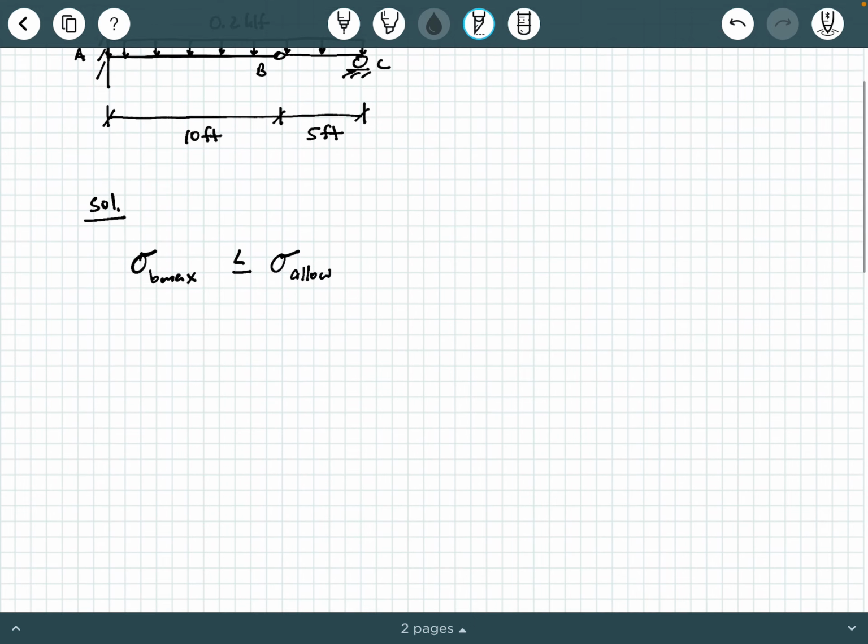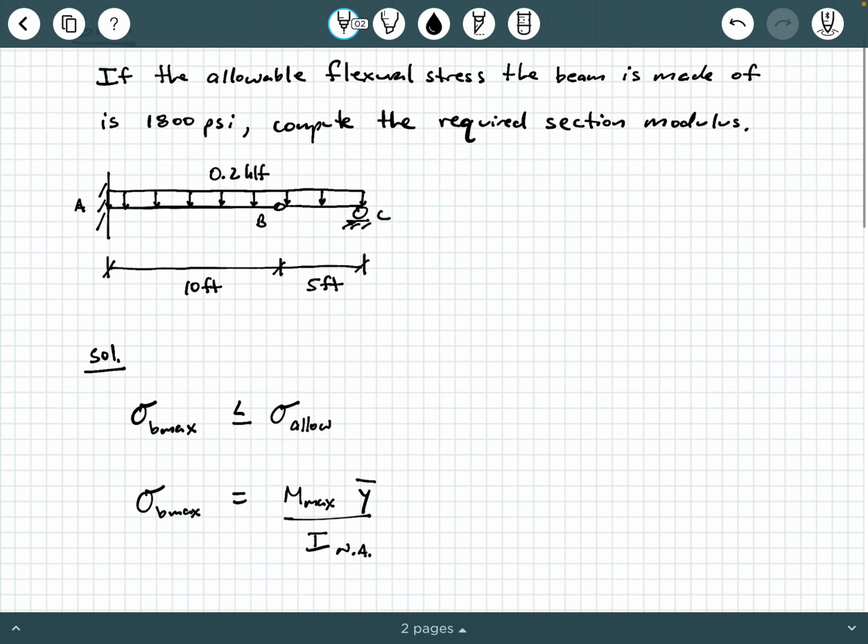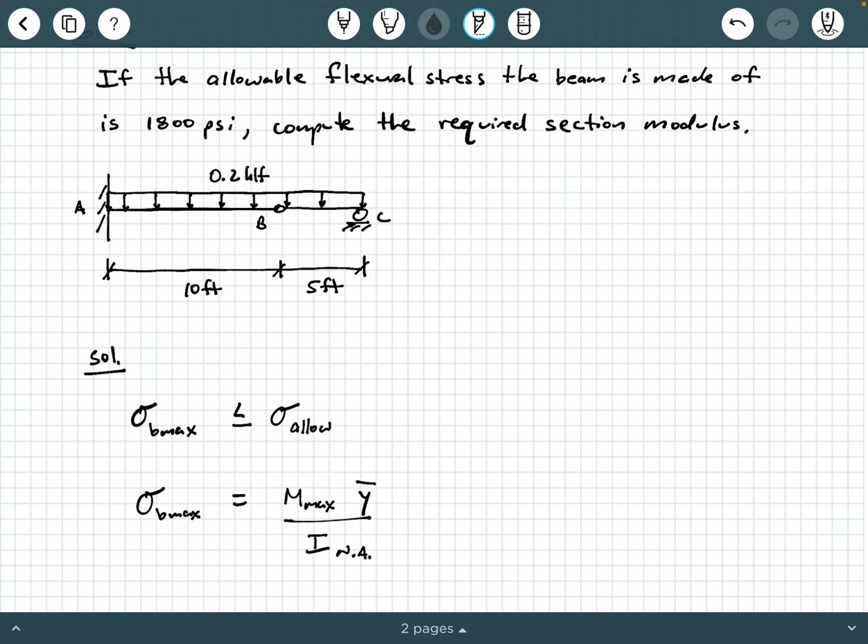Well, if you remember, there were two ways of calculating sigma B max, okay? One way is we can use M max times a y bar value divided by a moment of inertia about a neutral axis, okay? Now, that's one way of solving it, My over I. Now, in this particular problem, we're actually being asked to compute the required section modulus.